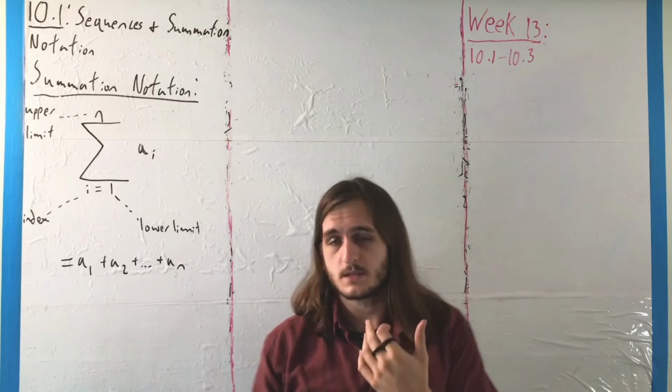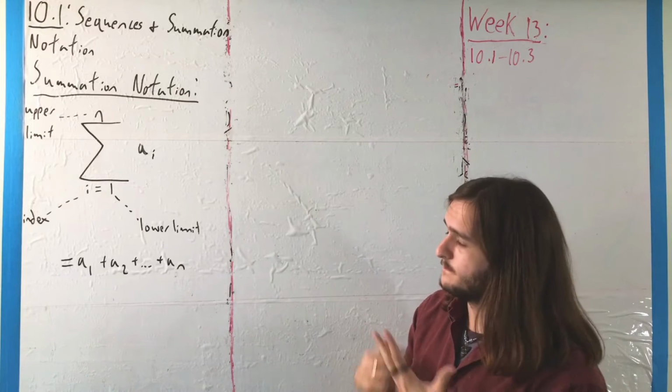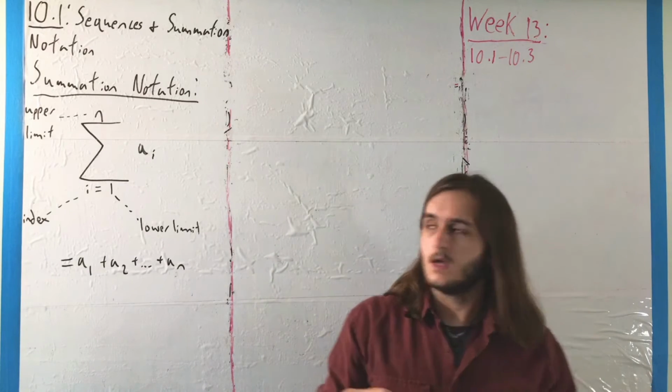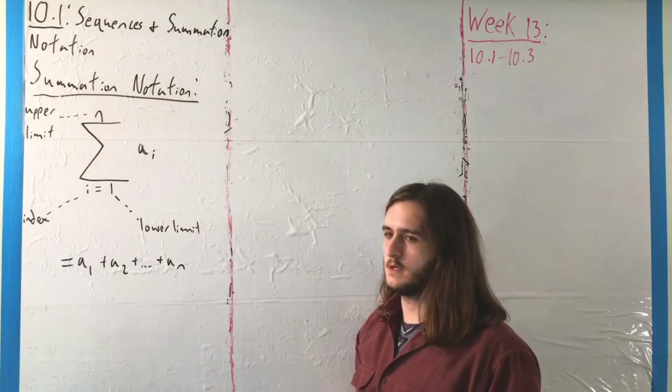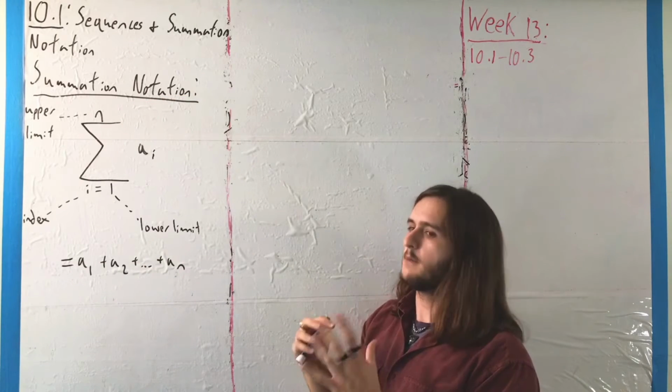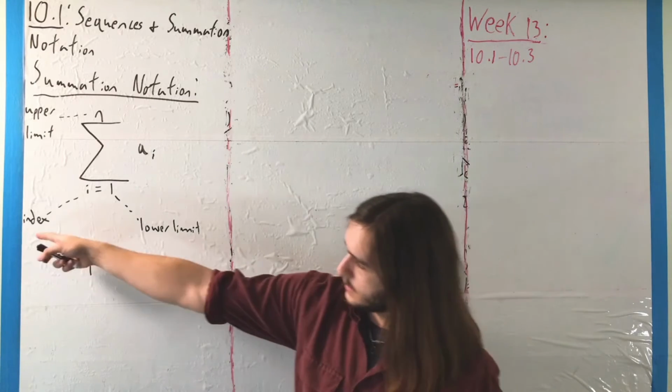And that is the purpose of what we have here, which is called our summation notation, where you've probably seen this type of thing before. What we do is we use that big capital sigma to say, let's take the sum of things of a certain pattern, where our pattern is going to depend on our index.